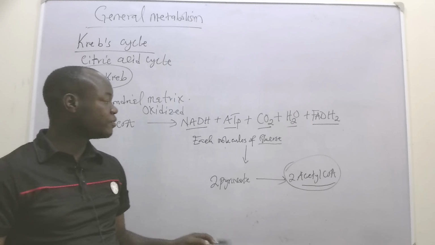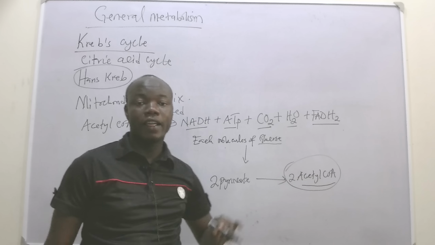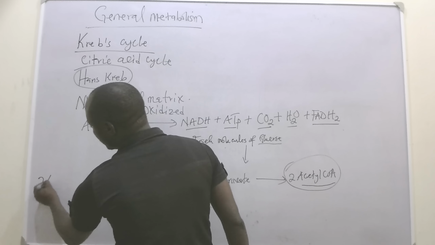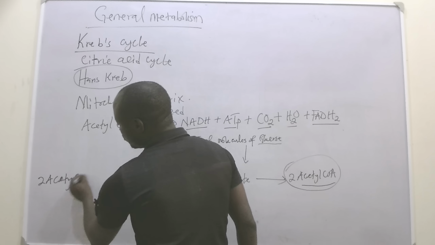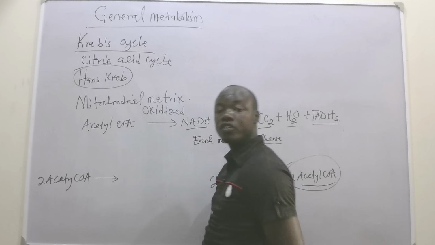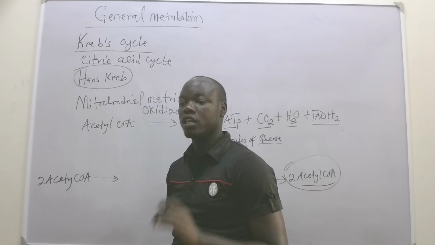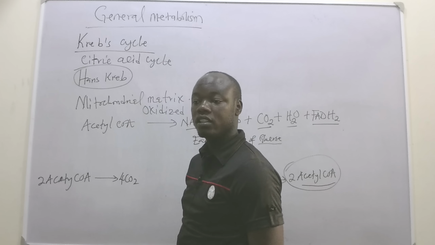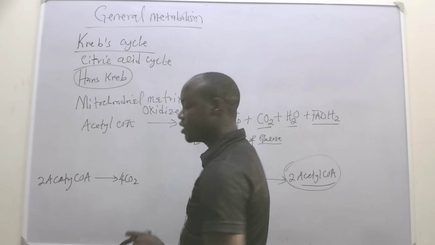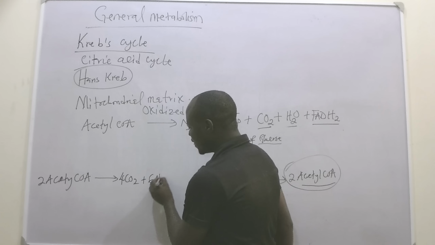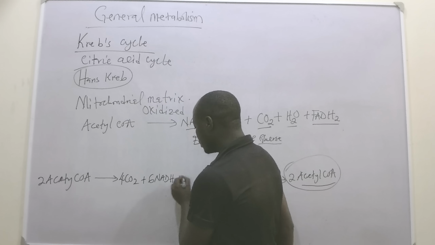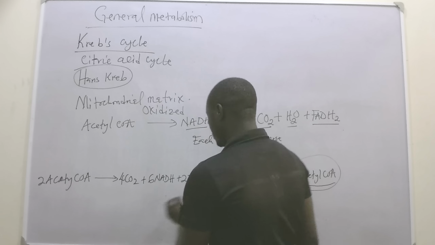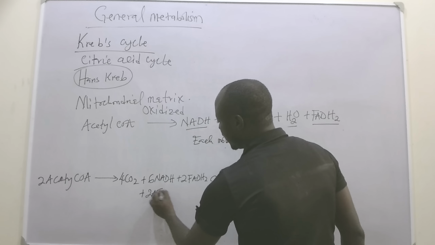So now the question is, for two molecules of acetyl-CoA, how many NADH are generated? When two molecules of acetyl-CoA are fully oxidized, four molecules of carbon dioxide are generated, and then 6 molecules of NADH are also generated, plus 2 molecules of FADH2 plus 2 molecules of ATP.